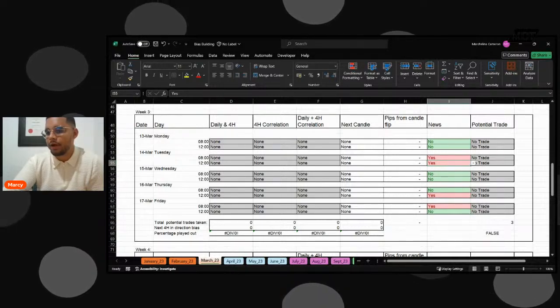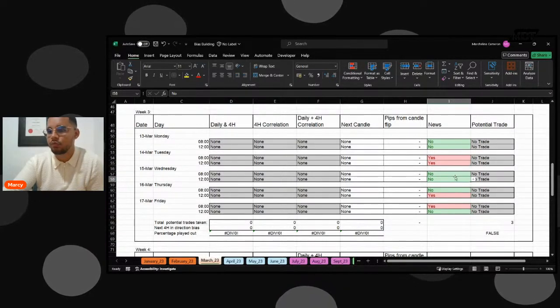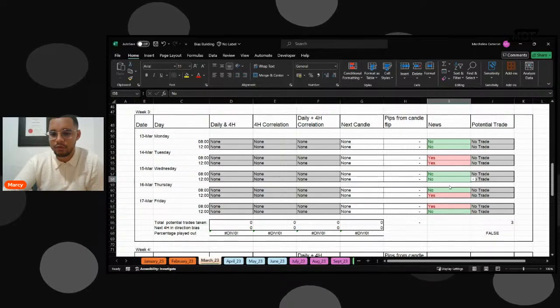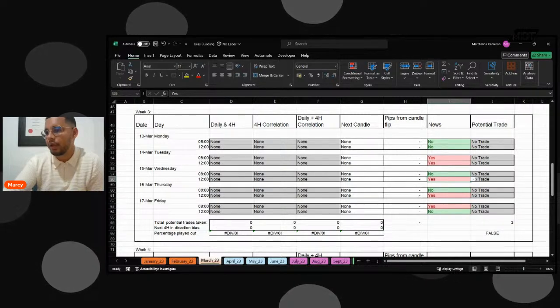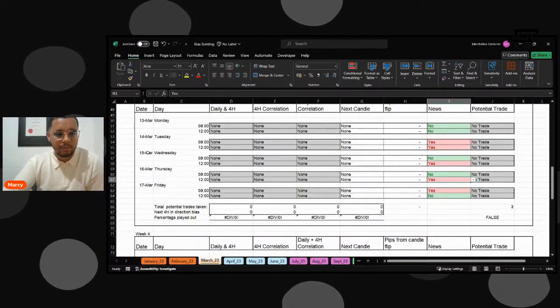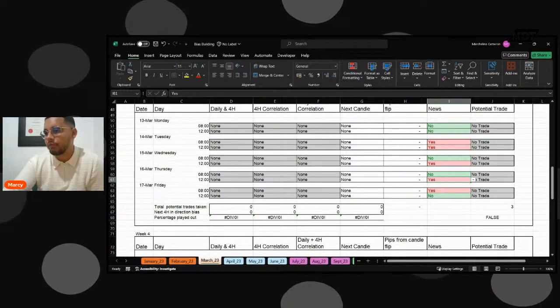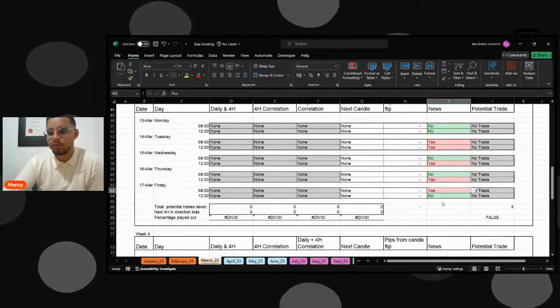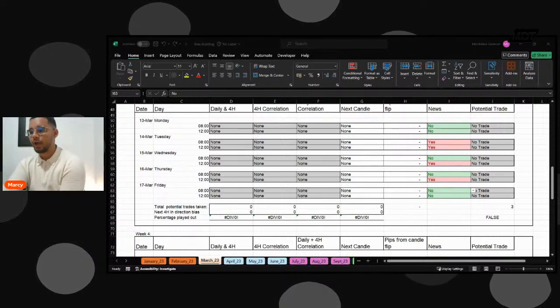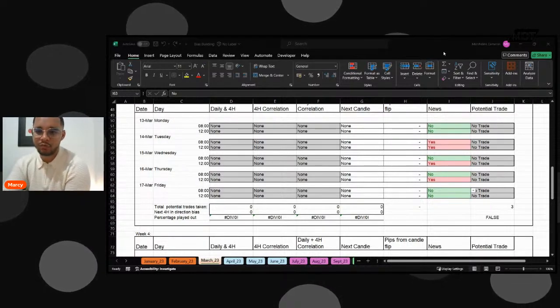Wednesday, we have pound news at 2:30. So that's in New York session, sorry. So we put that there. Thursday, we have nothing in London. We have USD news in New York, and then Friday we have nothing in London, and then this we can take out because we don't have to put that there, just because at the end of our session we won't be trading at the candle closure.